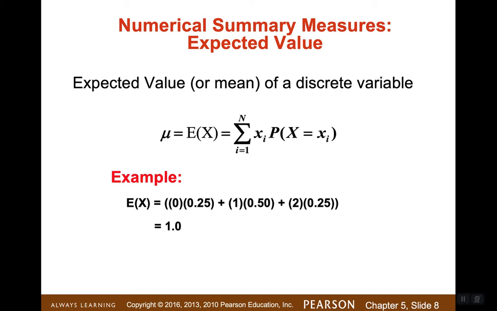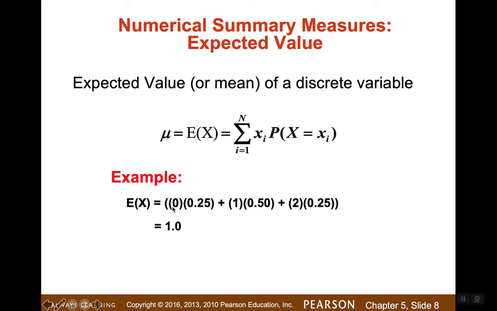In probability distributions, we call this expected values. We get the expected value in a similar fashion, except that we multiply the probability times the outcomes.